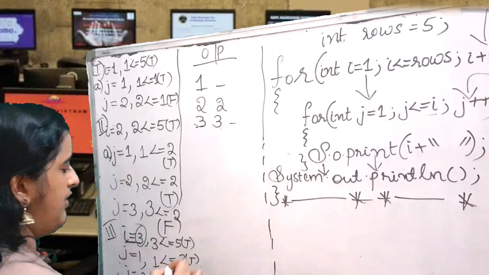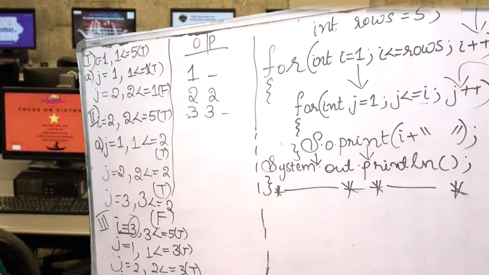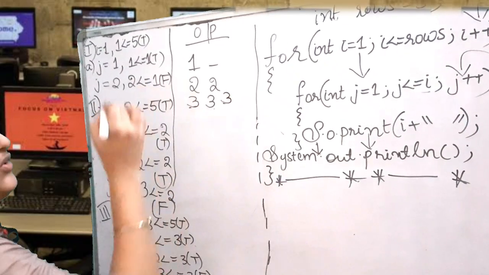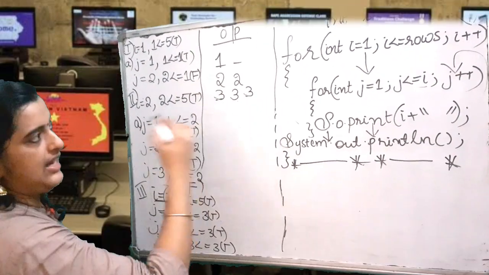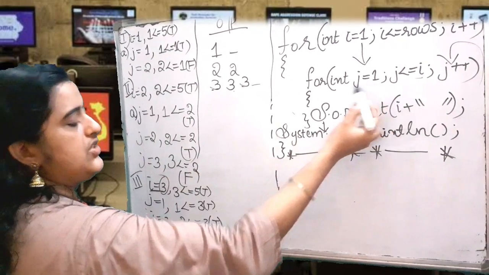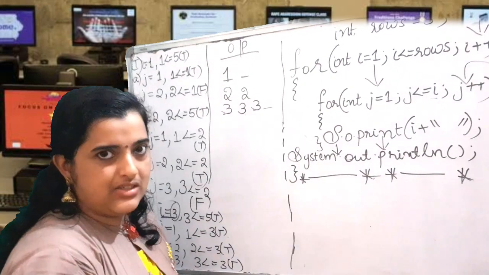Now again variable j got updated, j is 3 now, 3 less than or equal to 3, again the condition is true, and when the condition is true, again the loop body executes, thereby you will get a 3, and after that a space is there. Now when j equals 4, at that case your loop will break.